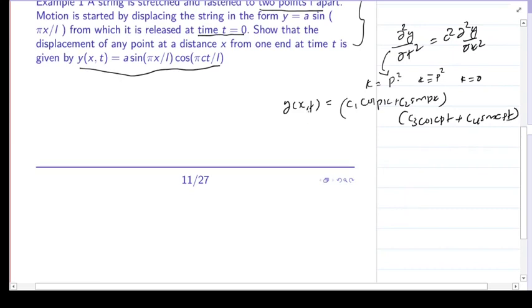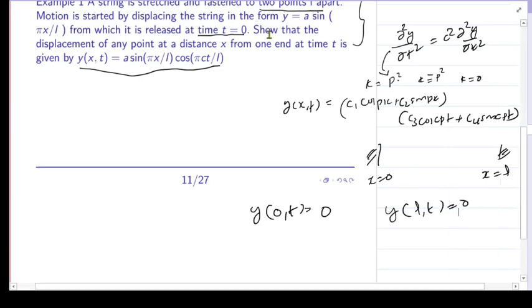The conditions are: since the string is tightly stretched, or fixed, at the endpoints x equal to 0 and x equal to L, we have y of 0,t equal to 0 and y of L,t equal to 0. Also, in the problem it is given that the motion is started by displacing the string from some position.